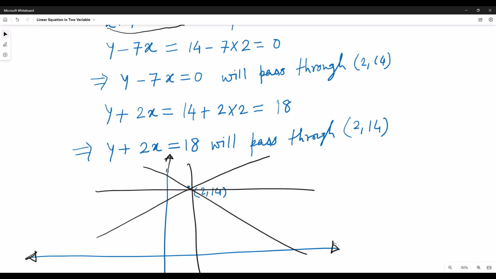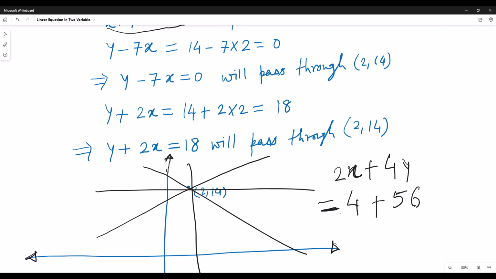You can write anything, right? Like 2x plus 4y. So first you find how much 2x plus 4y will be, and you just put that number and that equation will be passing through (2, 14). Okay, so 2 times 2 is 4, and 4 times 14 is 56.